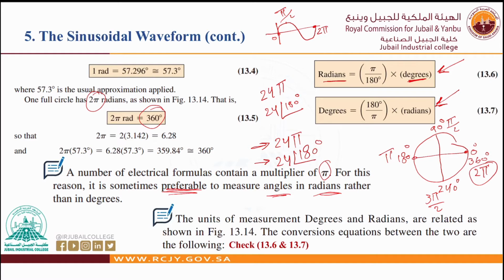Okay guys, you can memorize it this way. If I have the degree down, I multiply by the degree here, and I will have the radian. If I have the same value here and here, radian and radian, then I should have degree.